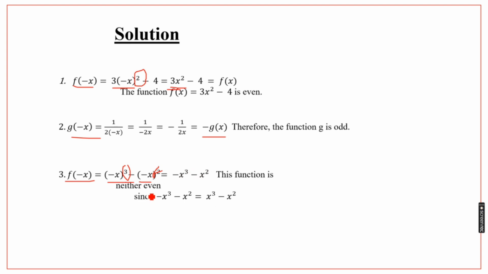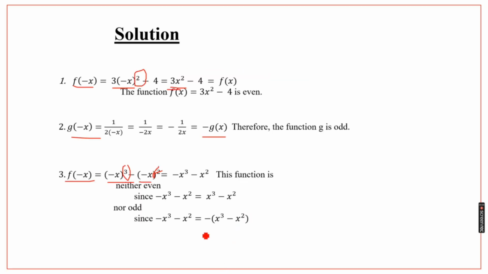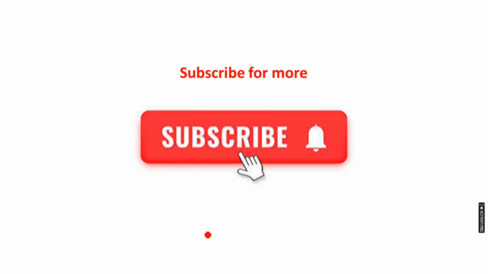So it is negative x cubed minus x squared. This function is not even, because negative x cubed minus x squared is not equal to x cubed minus x squared. It is not odd either, because negative x cubed minus x squared does not equal the negative of the whole x cubed minus x squared. So it is neither.